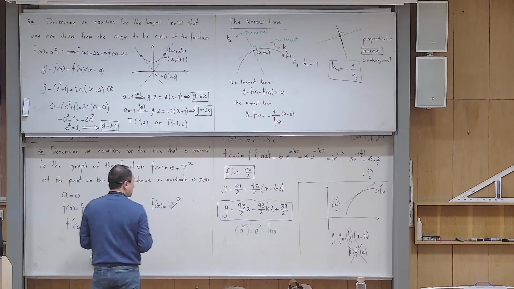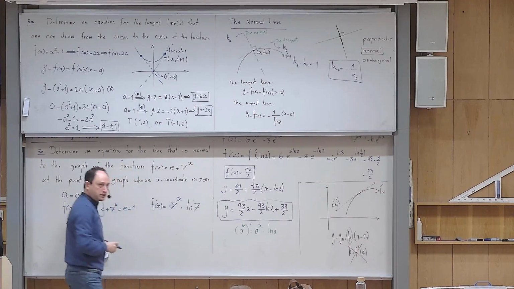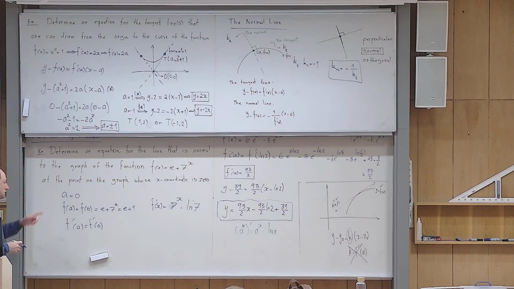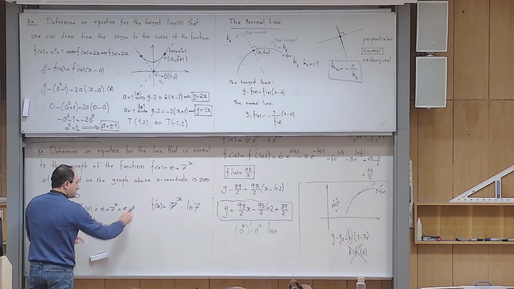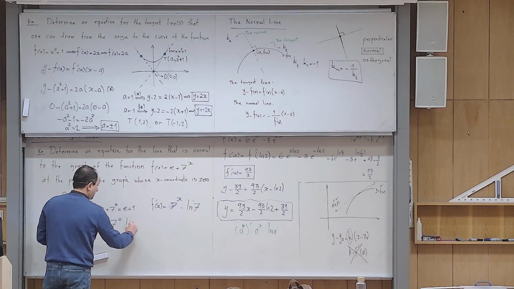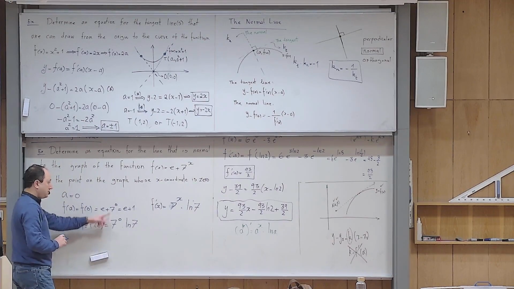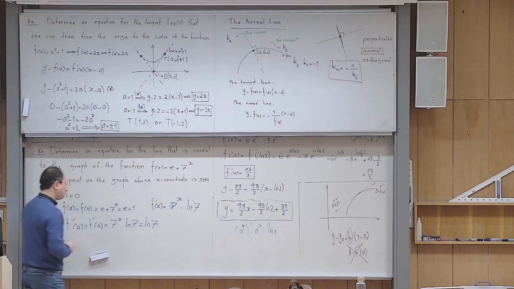The function repeats itself, but I have to multiply by an extra ln of 7. So this is the derivative. Now I come back here. f prime of 0 becomes 7 to the power 0 multiplied by ln of 7. But 7 to the power 0 is 1, so it becomes ln of 7.